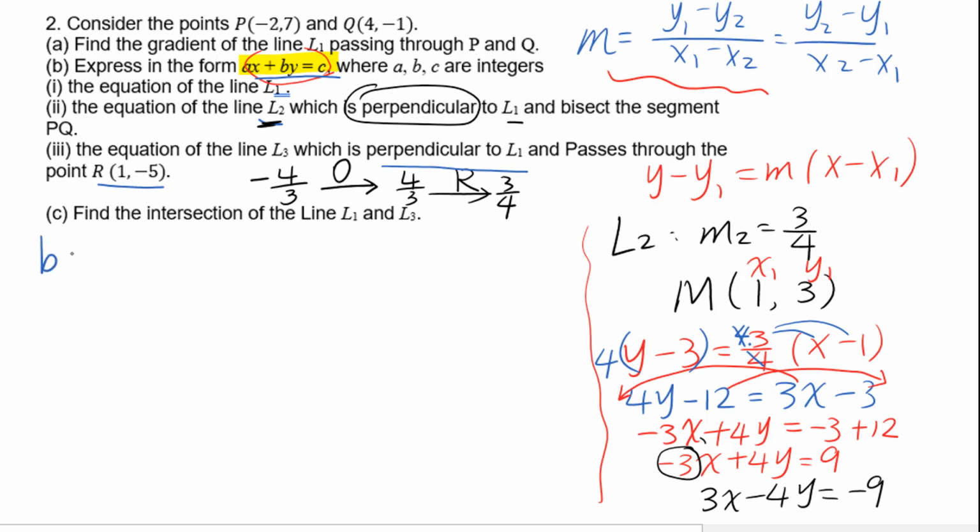Let's go to B3. The equation of the line L3, which is perpendicular to L2, which means the slope m3 will be 3/4, and passes through the point R(1, -5). Let's label this x1, y1.